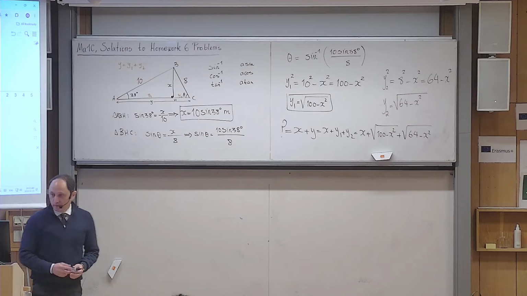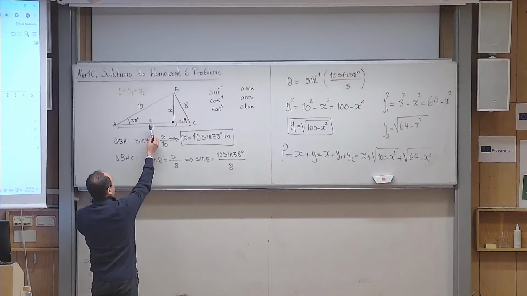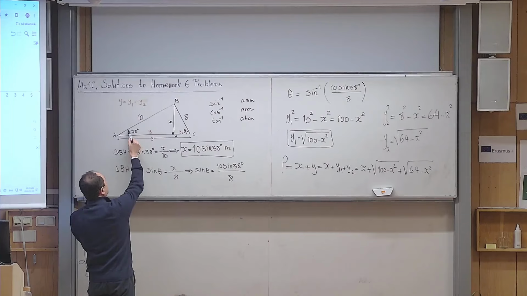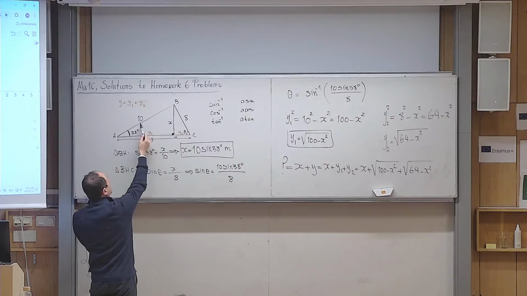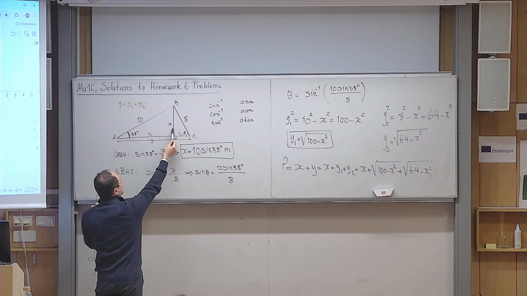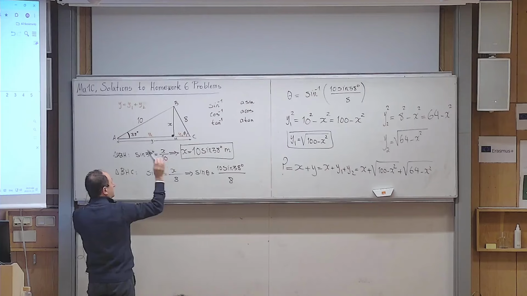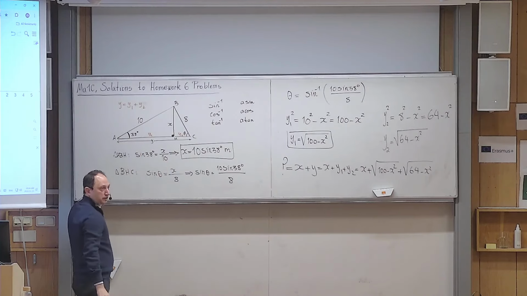Which one is suitable? So here, y1 is adjacent to this angle. Yes? And then you can use tangent if you want, because you already know x, but it becomes a little bit more complicated. It's not complicated because typing is just done in GeoGebra. But let us use cosine this time.